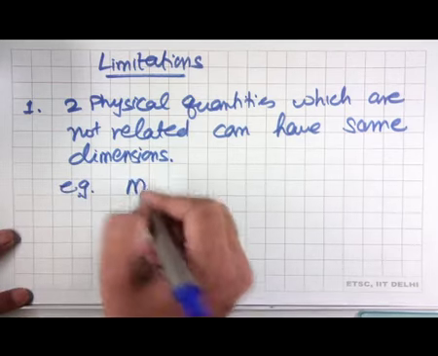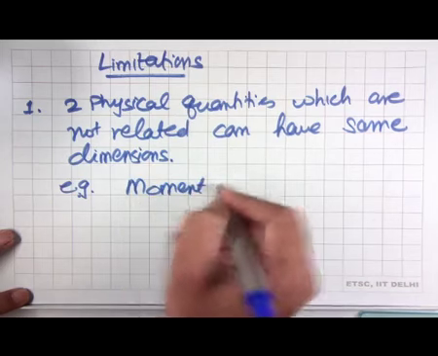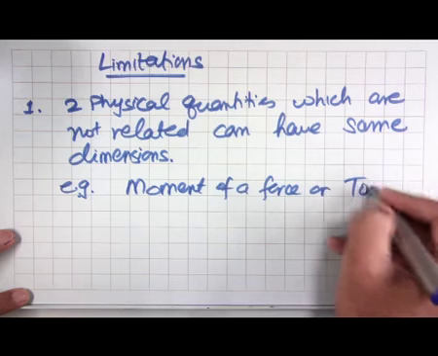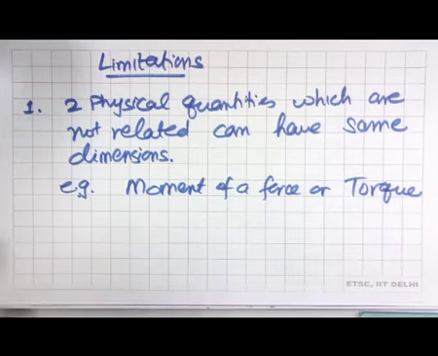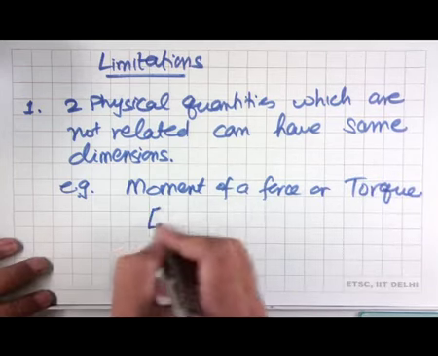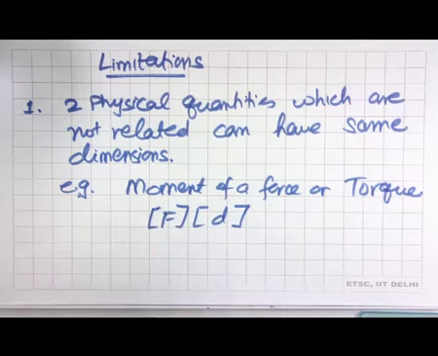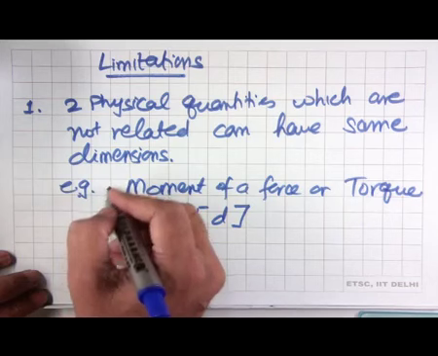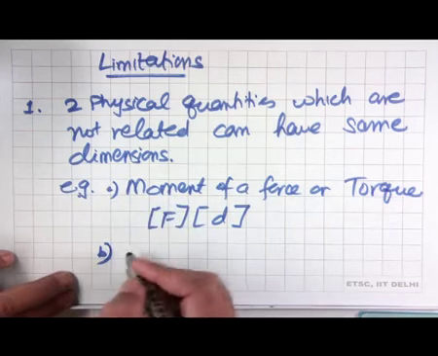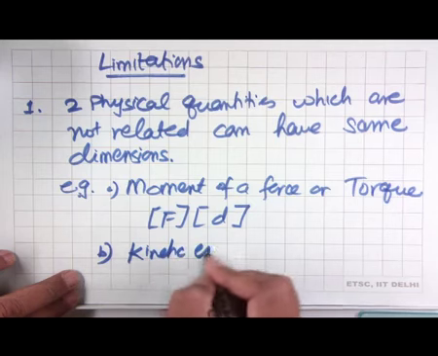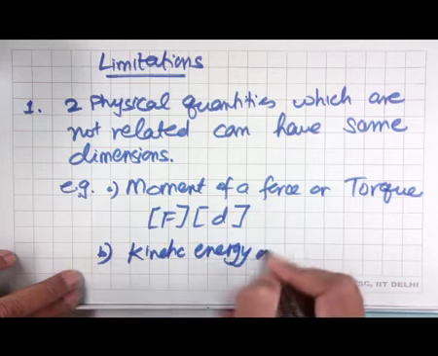When we talk of moment of a force or torque, this has the dimension of force times distance. So this is quantity A, and the second quantity which we look at is, let us say, the kinetic energy or work done.